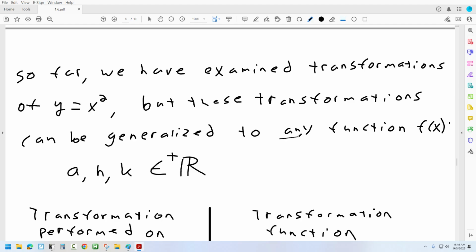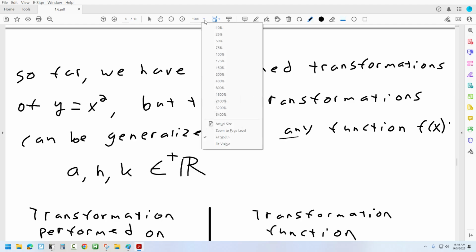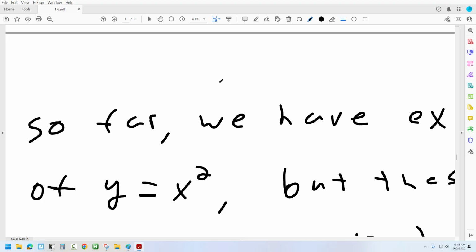Okay, I'm going to wait for people to get that top part, and then I need to zoom in a little bit.